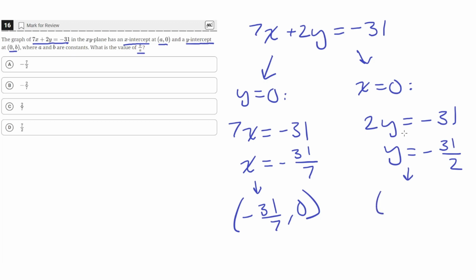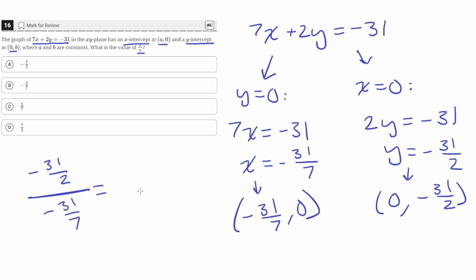And then for the y-intercept, this y value is the value of b, 0 comma negative 31 over 2. That's the y-intercept. So then the ratio of b over a is just negative 31 over 2 over negative 31 over 7, which is just equal to 7 over 2, since the 31s will cancel out, and so will the negative sign, which is equal to answer choice D.